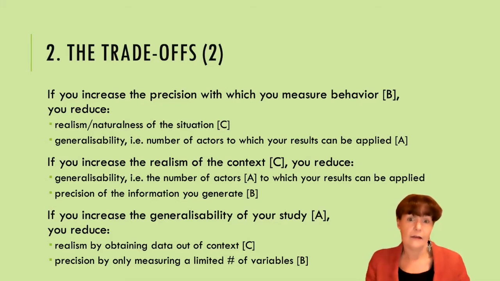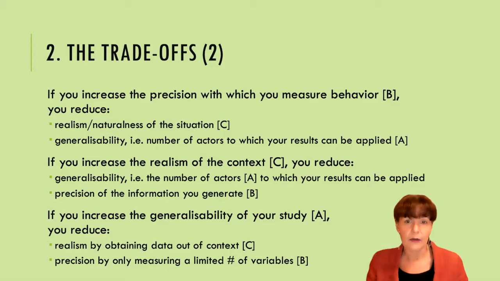In this case, you're meeting the generalizability part, but you are reducing realism because you are obtaining the information out of context. You're asking people to fill out a survey. You're not interacting with them in their natural environment. So they might respond very differently if you did that.